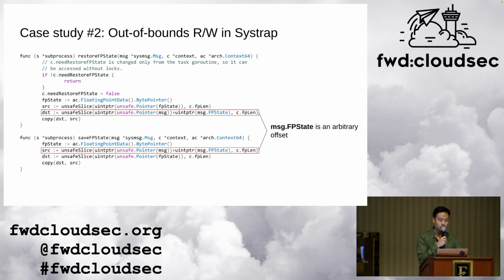In memory, the floating point state is located close to the sysmessage structure, and hence a relative offset was used for that. This offset is 64-bit and is fully controllable by the application. And they use it for an unsafe slice copy in both directions. As such, this is an out-of-bounds read and write vulnerability.